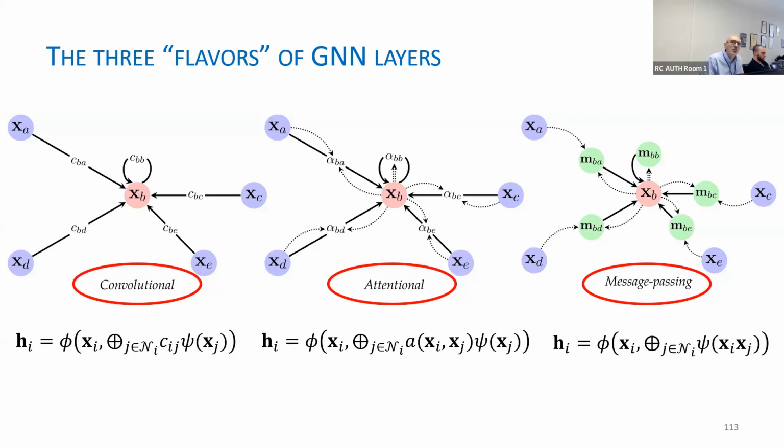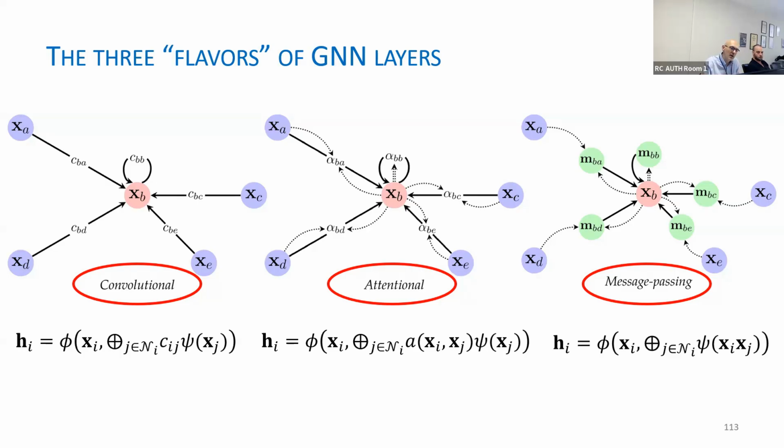So in many cases, if you look for graph neural network, you can have convolutional graph neural network, or you can have attentional graph neural network, or you can have message passing graph neural network. So basically, they differ in the way this function phi operates, because you see here the different formulations.